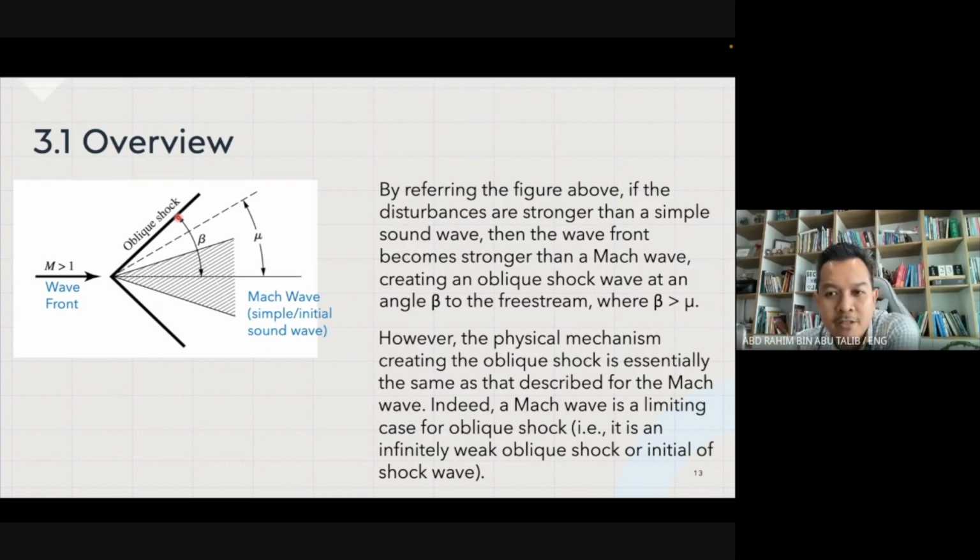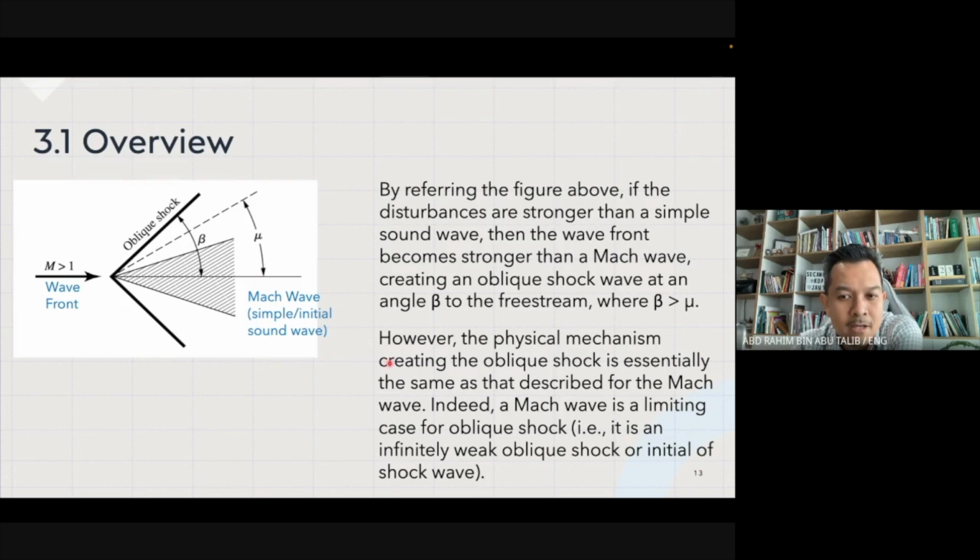Because the Mach wave is getting stronger, we have an oblique shock wave at an angle beta to the free stream, where beta is greater than mu. Beta is greater than the Mach angle.